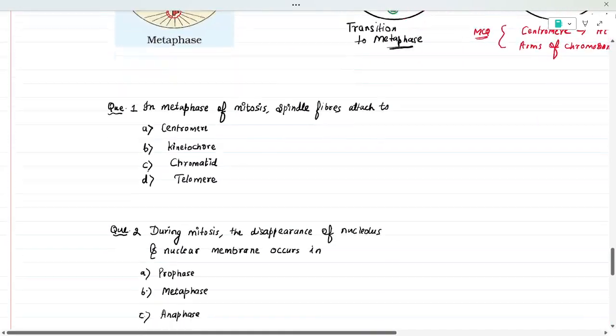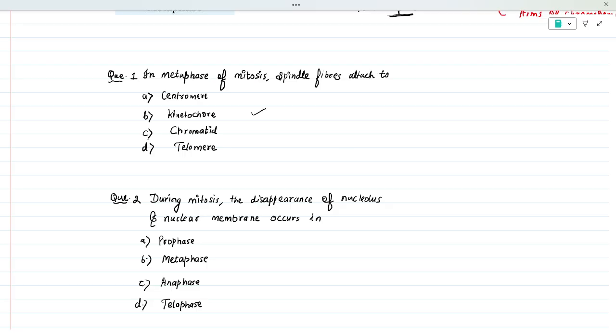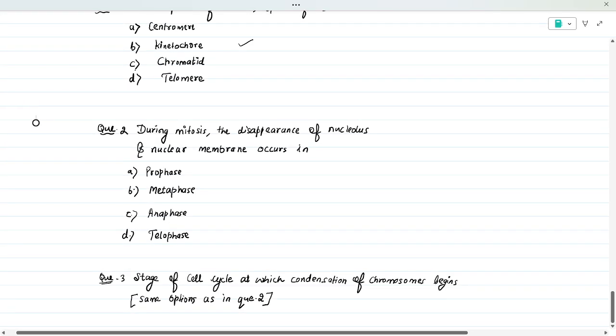So we are going to do some important questions here. In metaphase of mitosis, spindle fibers attach to, where does the spindle fiber attach? Centromere? No. Kinetochore? Yes. Chromatid? No. Telomere? No. So the answer would be kinetochore. These types of questions are very important. During mitosis, the disappearance of nucleolus and nuclear membrane occurs in.